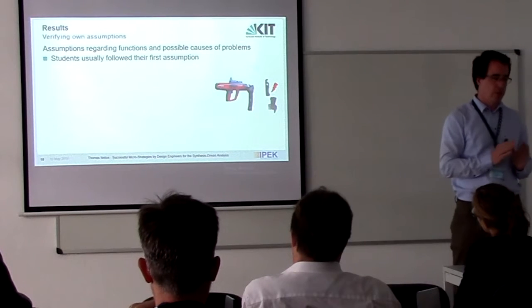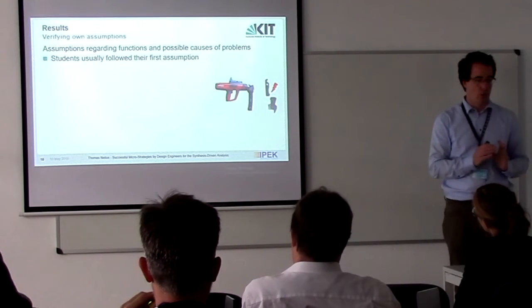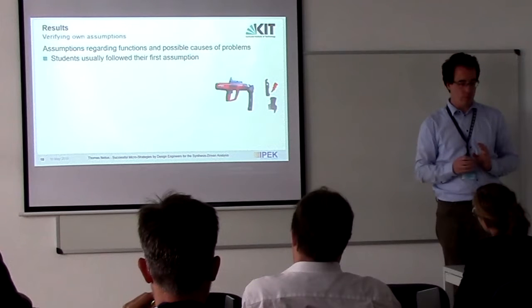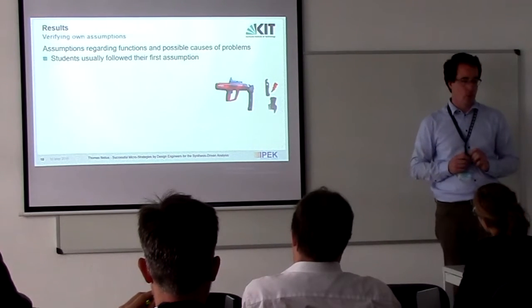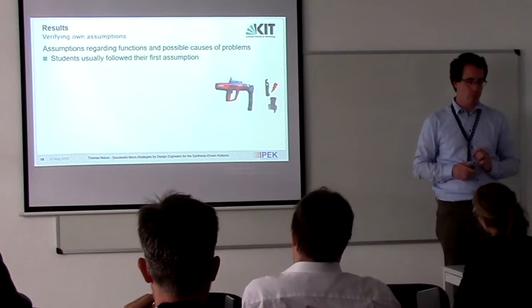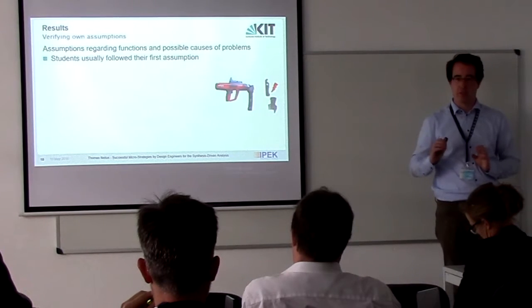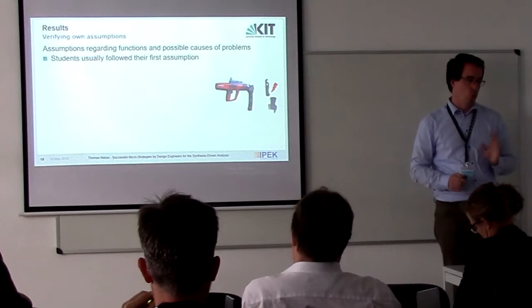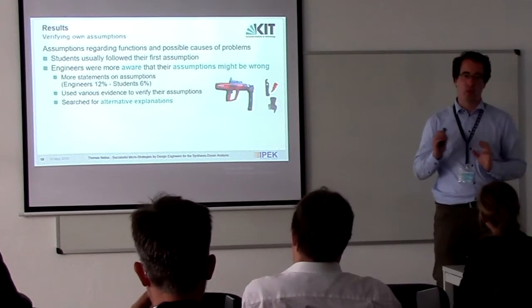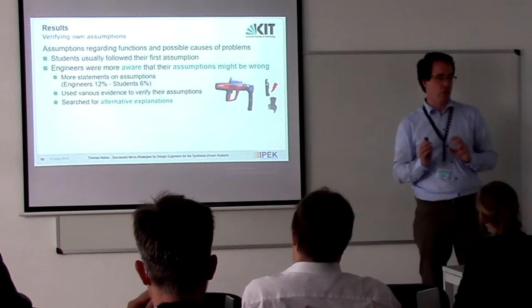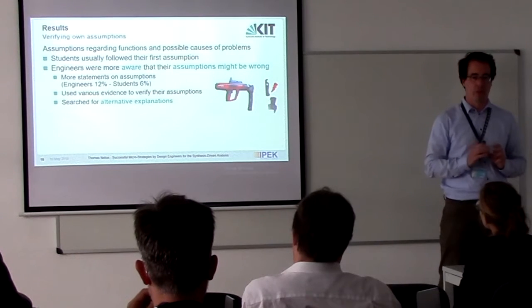And we also saw that the students usually followed their first assumption. They came up with one cause for the problem and directly developed a solution for it, where the engineers were more aware that their assumptions might be wrong, and therefore they searched for alternative explanations for this problem cause.